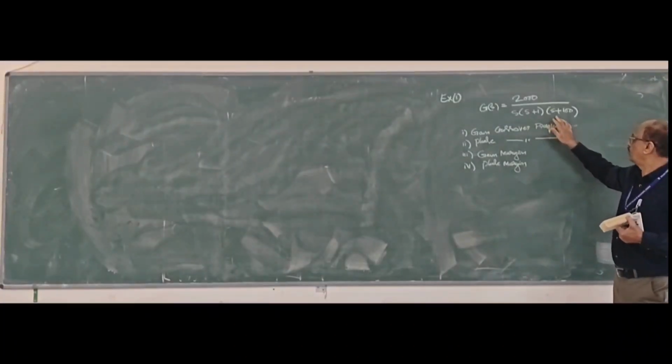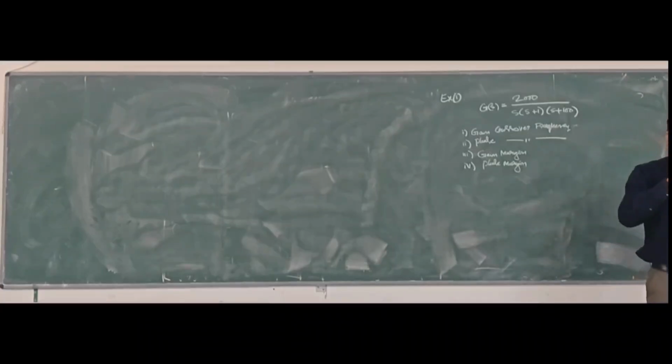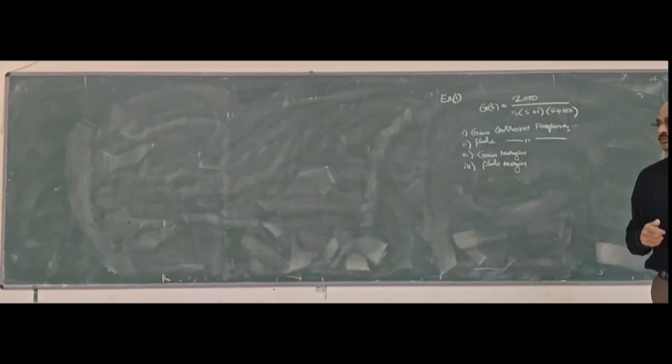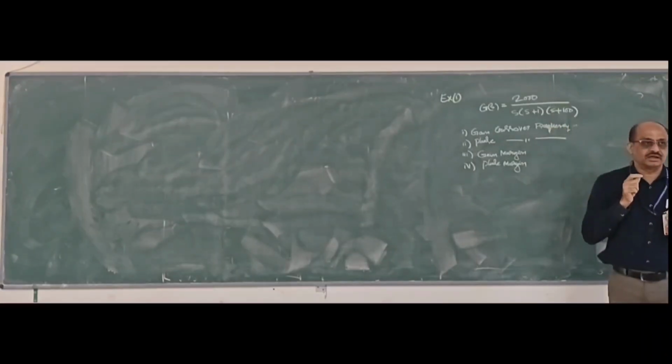Note one more thing: first step is to substitute s equal to j omega to bring that to sinusoidal transfer function form. Then check whether it is in the standard Bode plot form.